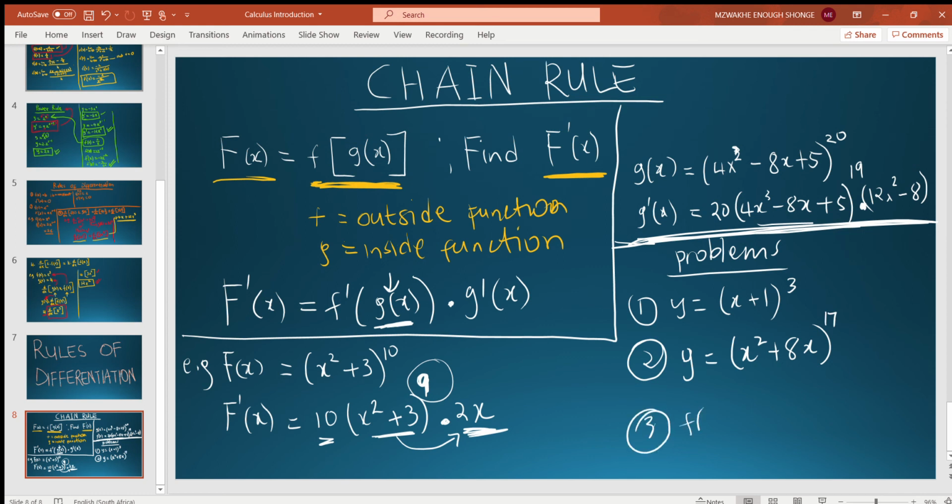Number 3, f of x equals x squared minus 3x to the exponent 7. I want you guys to do these problems using the chain rule.